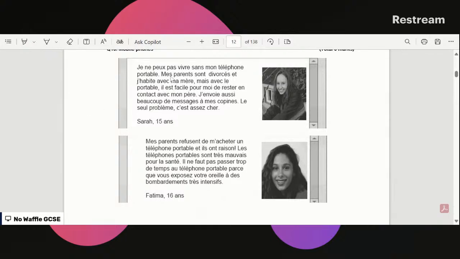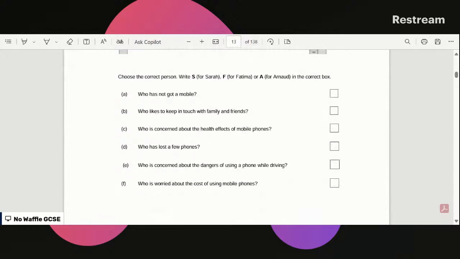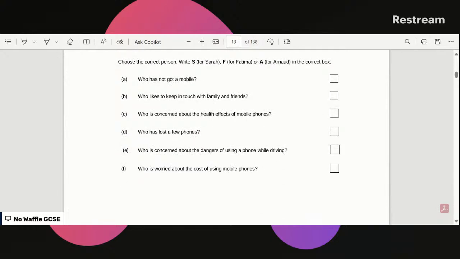Okay. I can't live without my mobile phone. Let's actually see what the questions are before we do this. Choose the correct person in the correct box.